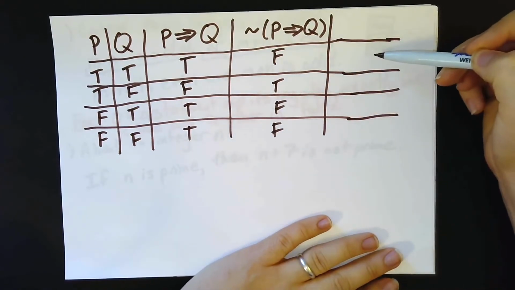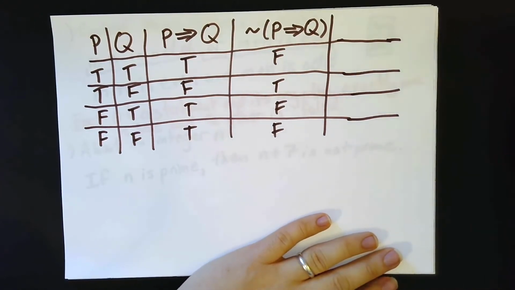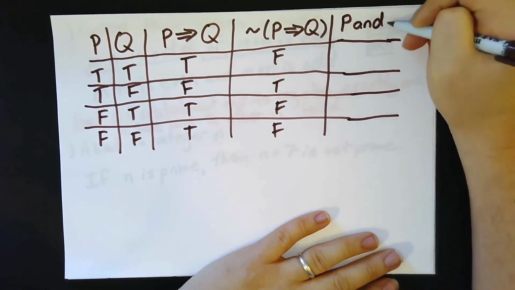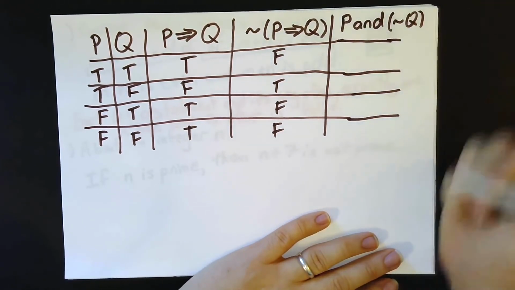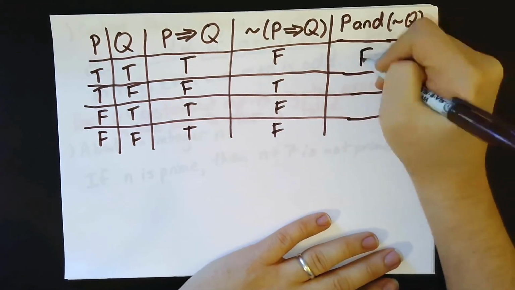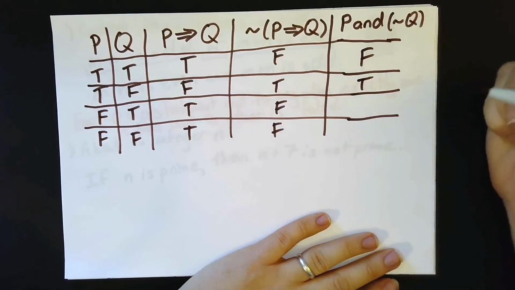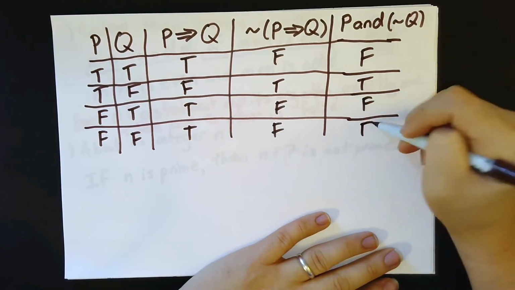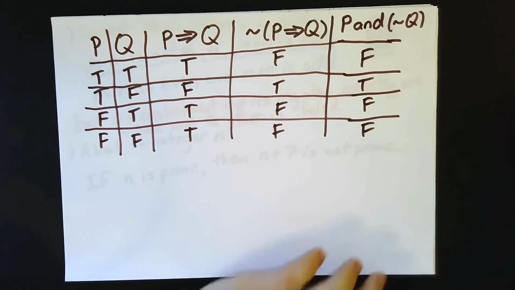And so if you play with this for a minute, you'll figure out this is supposed to be P and not Q, which I'll let you check. Gives me false here, true here, false here, and false here. And so that exactly works out.